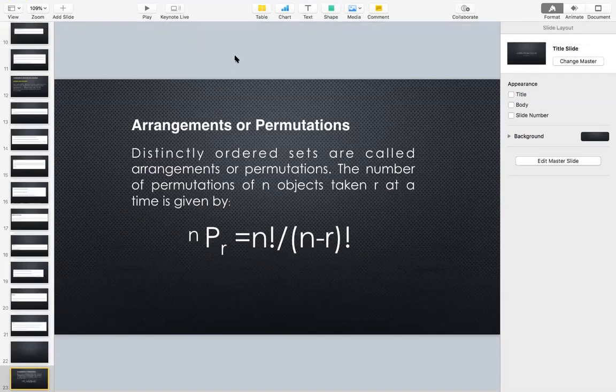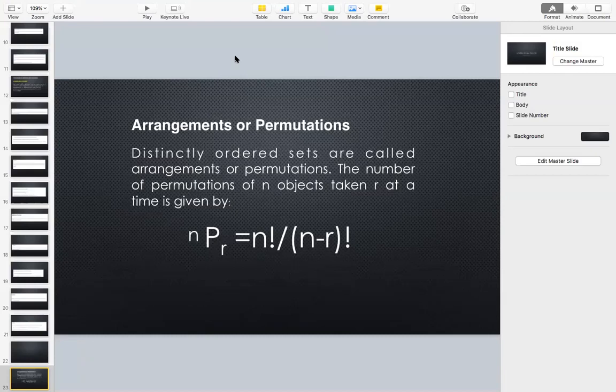Clear? It's like, let's say, in a bag you have 10 balls, and you simply take out two balls at a time. You just put your hand in the bag and took out two balls. Now it is not important which color balls or what type of balls you picked out.